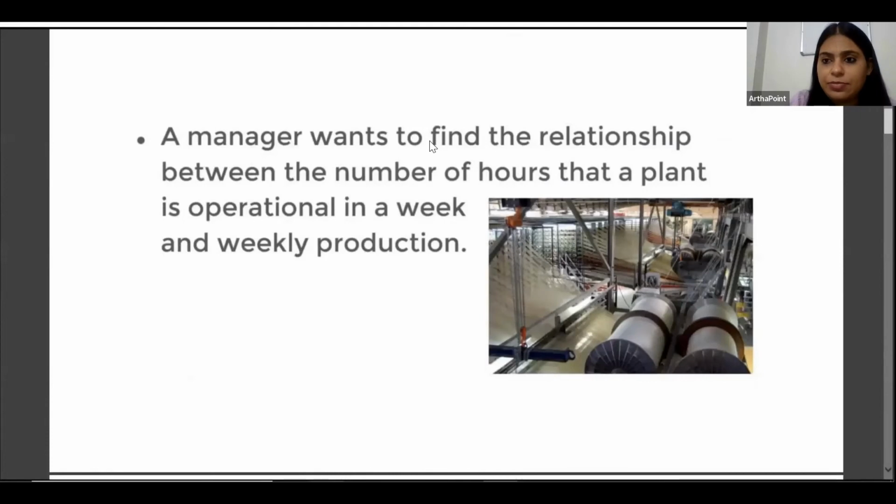So take this example. Suppose a manager wants to find the relationship between the number of hours that a plant is operational and weekly production. You can use linear regression. So I want to find out what happens as the number of hours increases. Does my productivity increase or not?